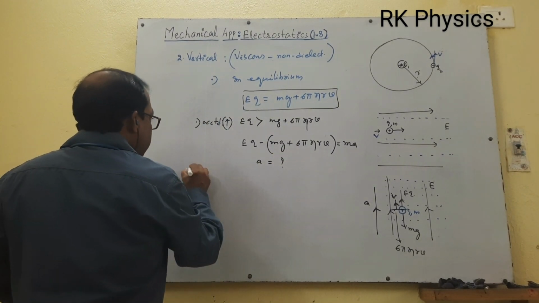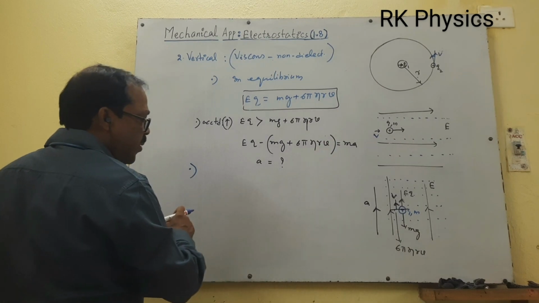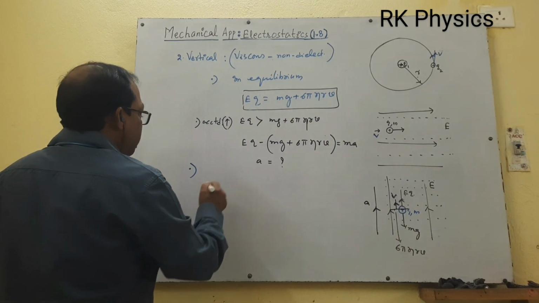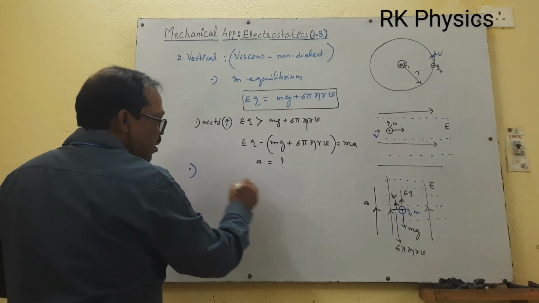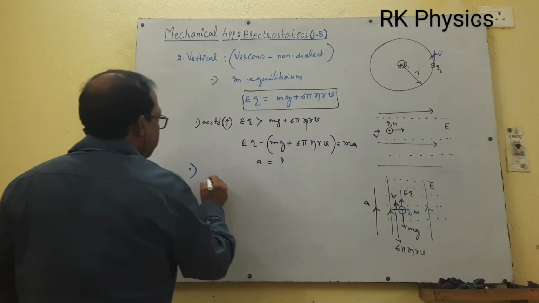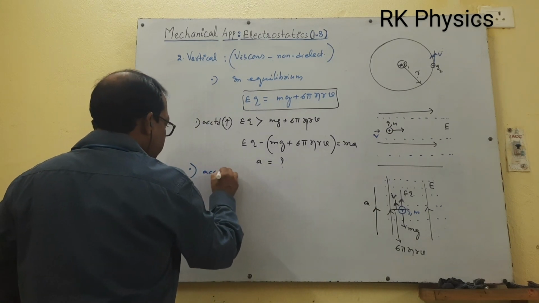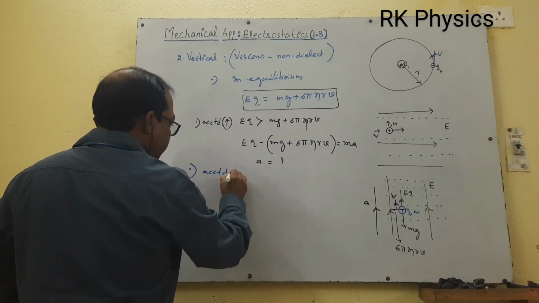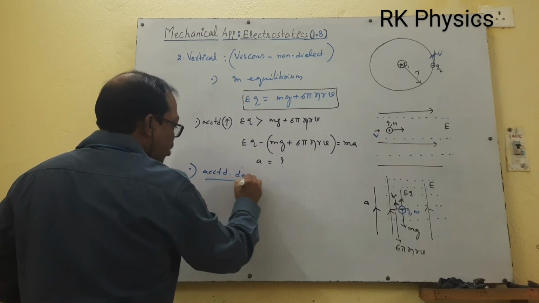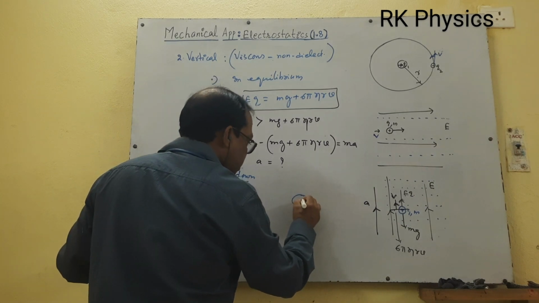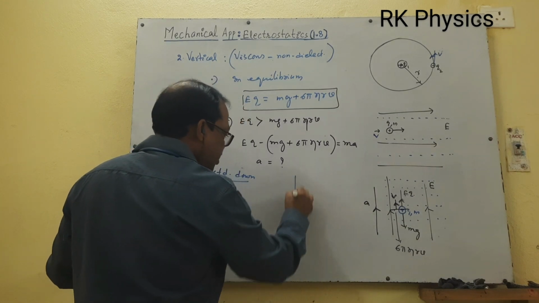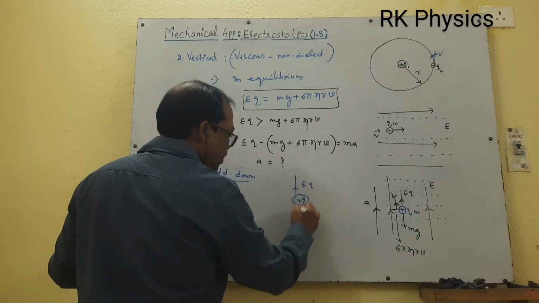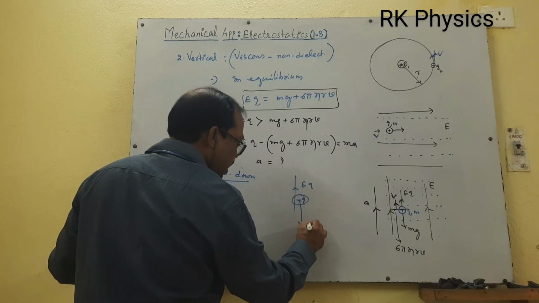Now suppose the electric field is up but the accelerated motion is down. I am taking down. This is the charge q, this is the direction of the electric field. Now this is the direction of mg.